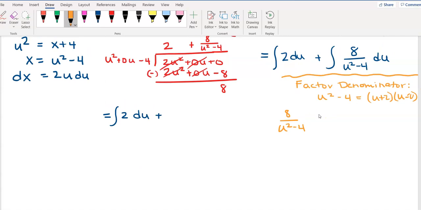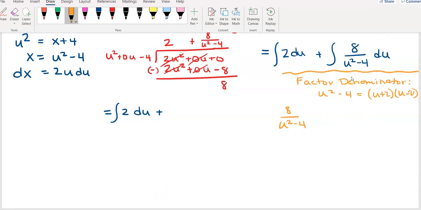So we're going to take this 8 over u squared minus 4 and write what it's equivalent to in partial fractions. So we will write this equal to two separate fractions, because we have two separate factors, u plus 2 and u minus 2. And because these are linear factors, our numerators are just going to be constants, 1 degree less.